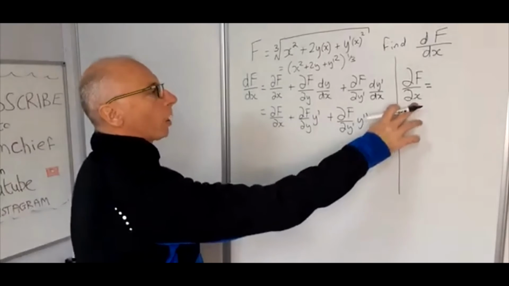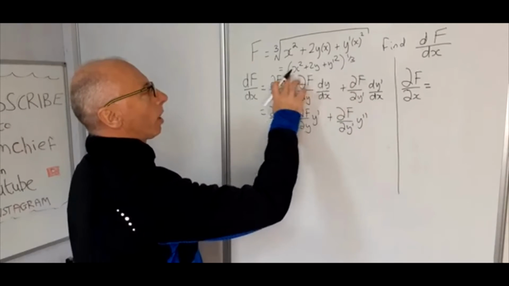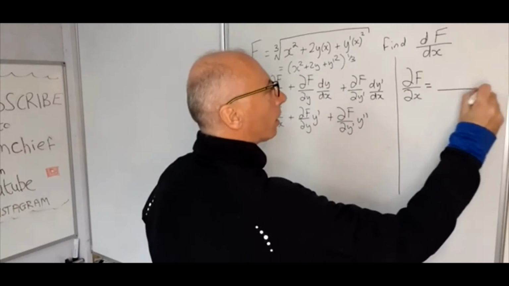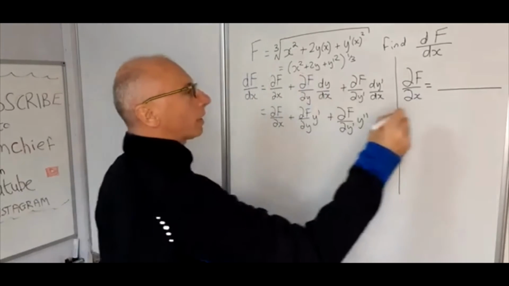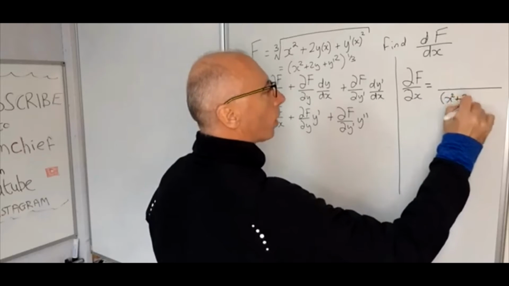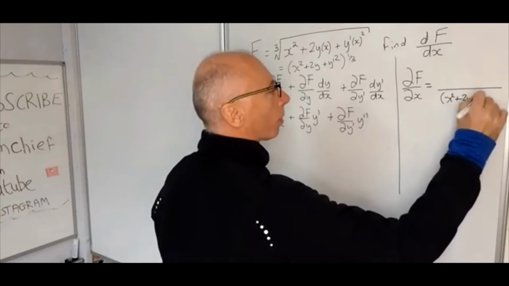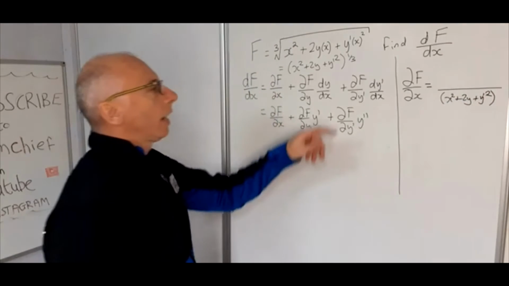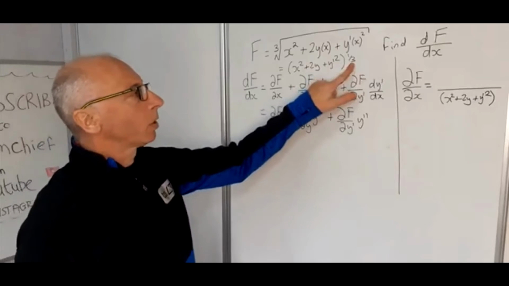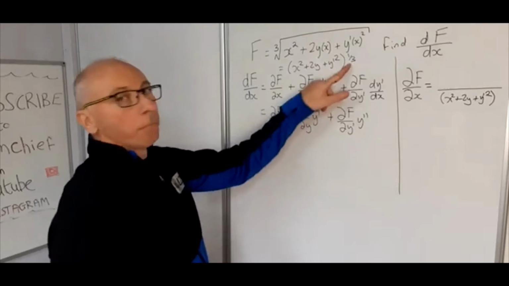So let's take the partial with respect to x. So this term here will appear in the denominator, just by a good old-fashioned calculus 1 class. So we've got x squared plus 2y plus y prime squared. And then the 1/3, if you subtract 1 from that, that would become minus 2/3.